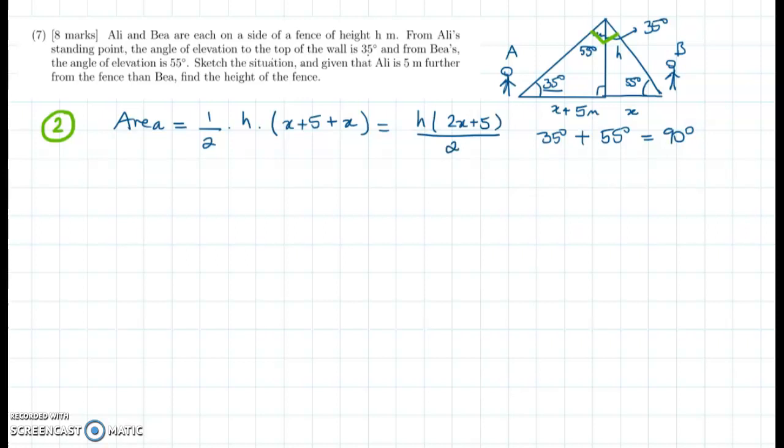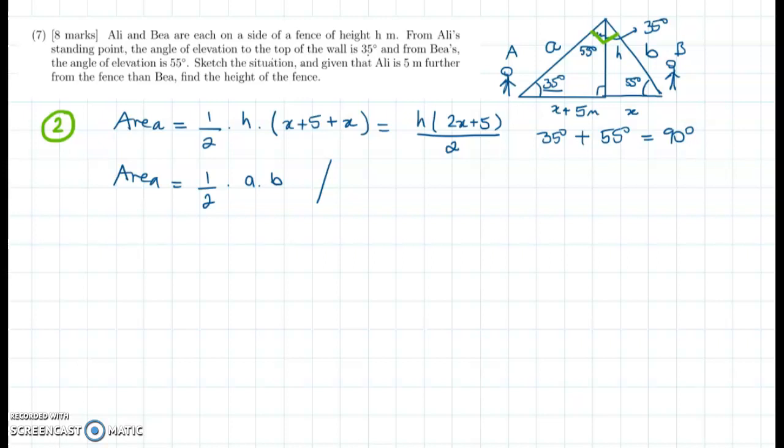But since it's a right angle triangle, we can also find the area as a half times the length of one of the legs. Let me call the leg on Alice's side A and the leg on Bea's side B. So times A times B. Okay, at this point it looks like we are introducing two new unknowns, and that's too much for the problem. But let me write A and B in different ways using trigonometry on the small right angle triangles.